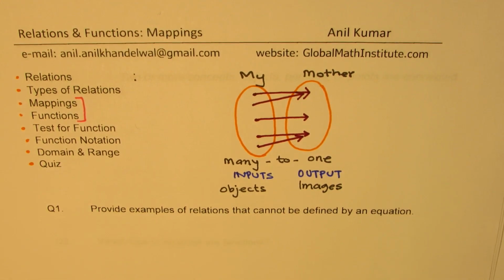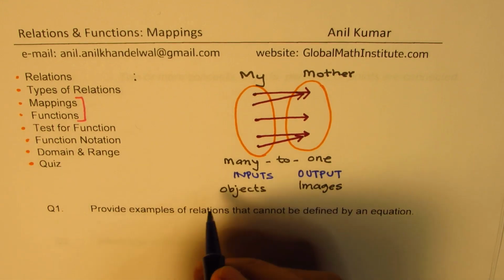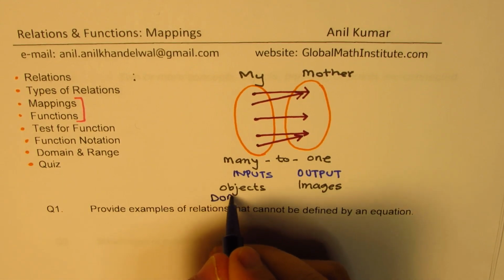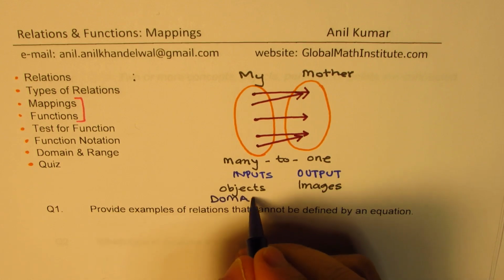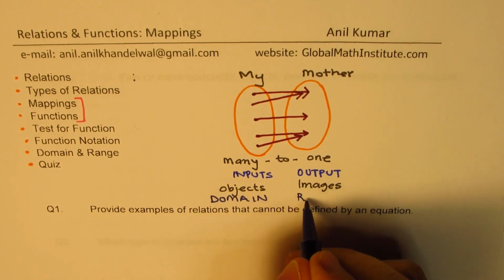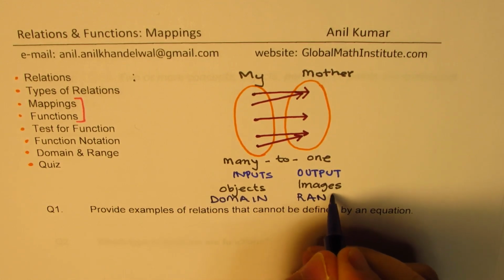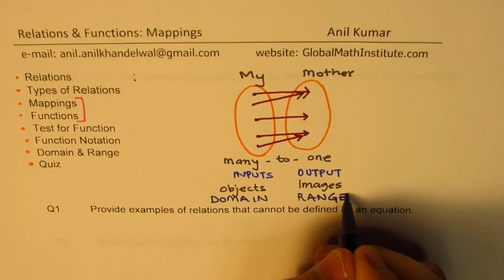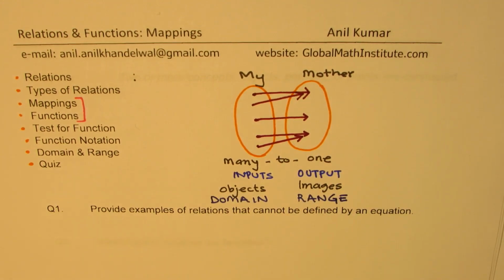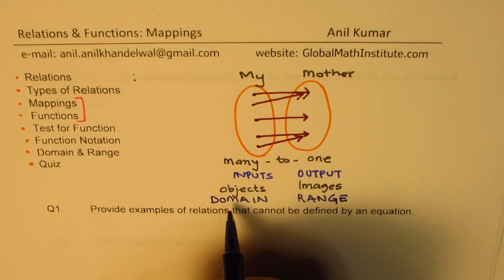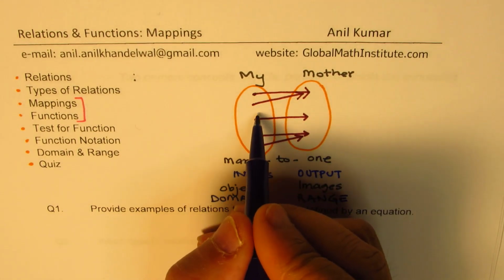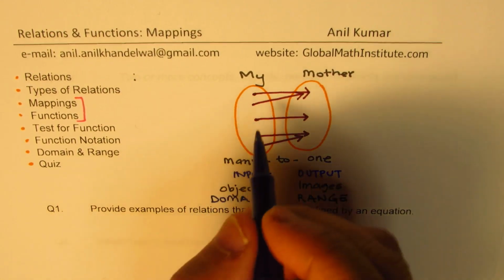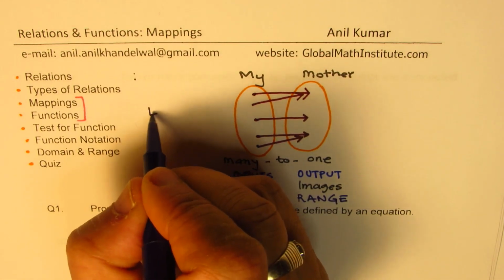And technically, when we talk about functions, we'll refer to them as domain and range. Right. So that is the technical term which we are going to use, where domain is the set of these. And what are these? These will be referred to as elements.